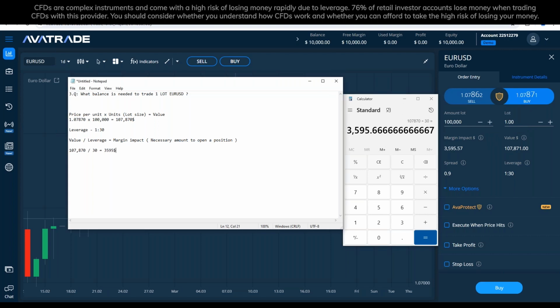And this is, guys, how much margin I need to open the position. I need this available. So even with 10,000, if I already took 2 positions like this, I'm already this much invested with Euro USD.